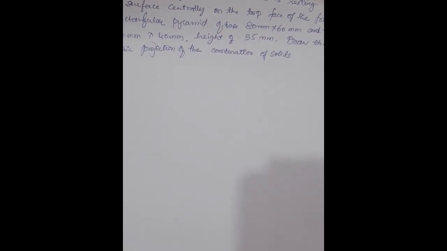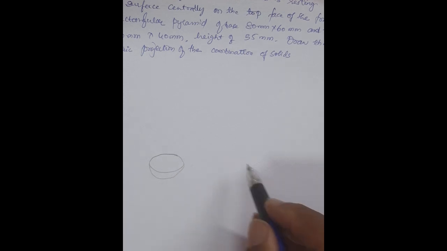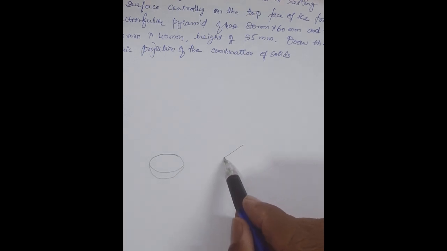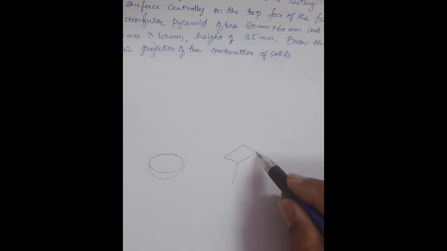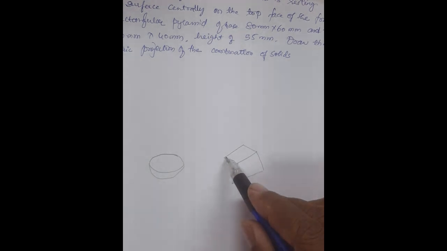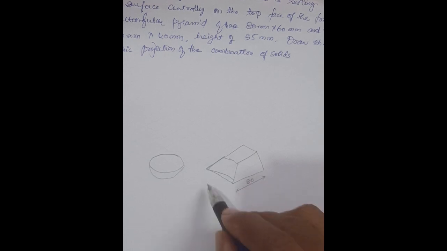Here the problem consists of two components. One is a hemisphere, another one is a rectangular pyramid. The rectangular pyramid dimensions are, this side it is 80 and this side it is 60.